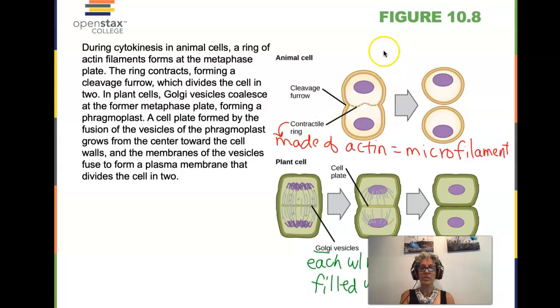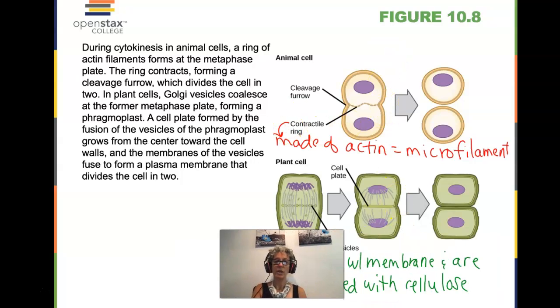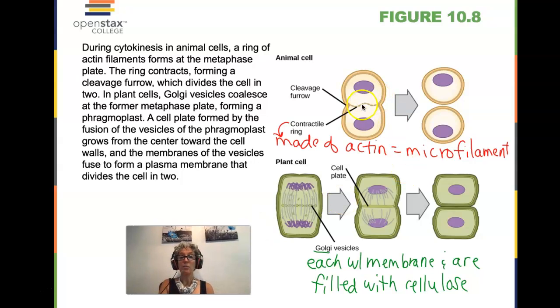The cytokinesis, move me out of the way. In an animal cell, it is made of actin, which is the component in our microfilaments component of our cytoskeleton, and that ring contracts and pinches off the cytoplasm to create two cells.